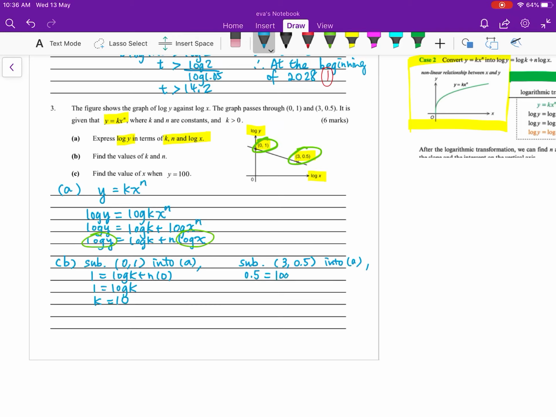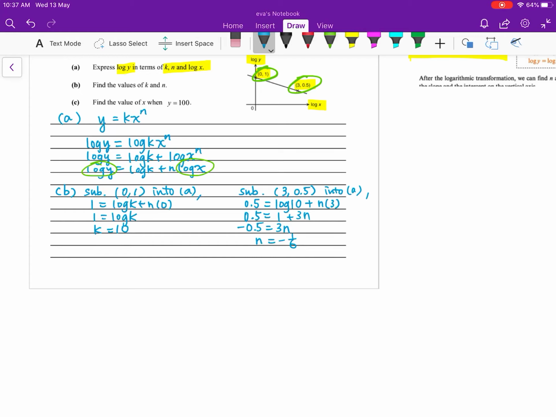As we have k equal to 10, just put 10 here, so we will have log 10, and as we know, log 10 equal to 1. So 0.5 equal to 1 plus 3n. So negative 0.5 equal to 3n. Therefore, n equal to negative 1/6.